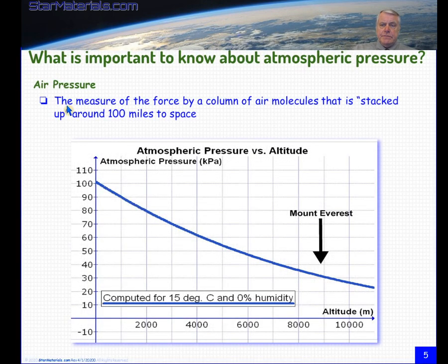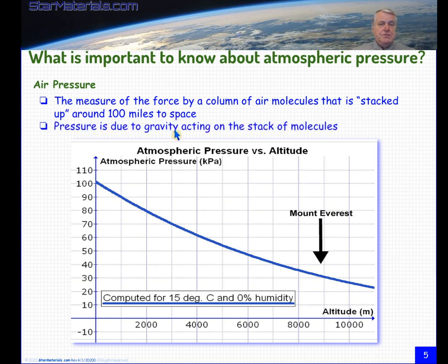Okay, air pressure is the measure of the force of a column of air molecules that is stacked up around 100 miles to space. If you go like this, that's about 1 inch square, and then picture a column that goes from ground level or sea level up to space, and all those air molecules are stacked up and they're pulled by gravity towards Earth.